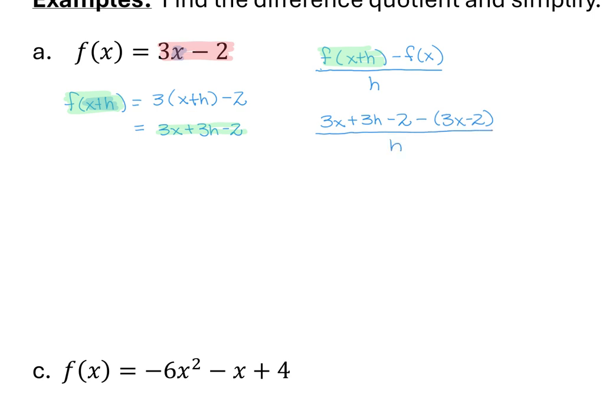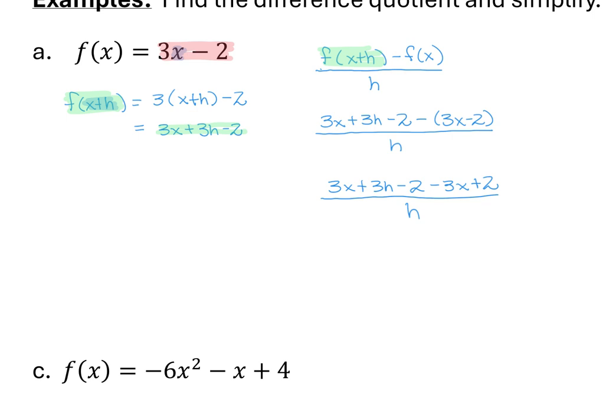All right, if we distribute the negative to the second set, we bring down our 3x plus 3h minus 2. And when we distribute the negative, we get minus 3x plus 2. We still have this over h. And then we want to cancel common factors, or common like terms.